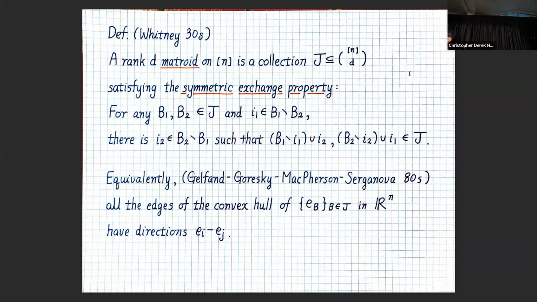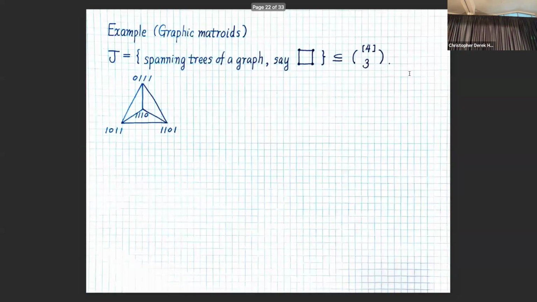Now you can imagine matroids of type D, what they should be, and so on. For example, if you have any graph, and you collect all the spanning trees of it, then it will become a matroid. That's a theorem of Whitney, very classical. If you view each spanning tree as a 0,1 vector, you get a simplex.